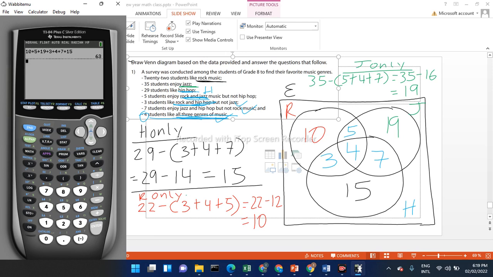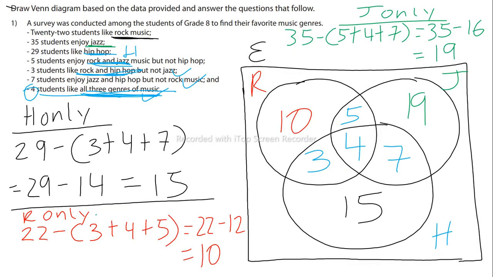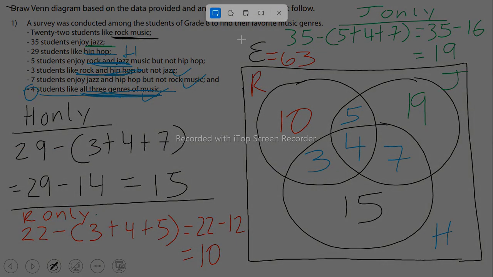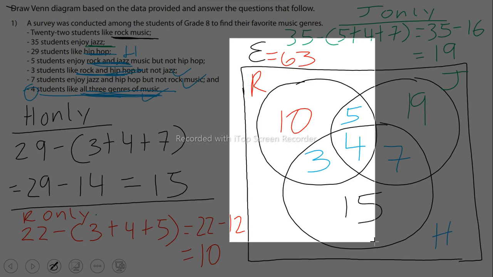Are we good? Yes, sir. Okay. So the universal set would contain 63 students, right? You added everything, right? Yeah, I added everything.